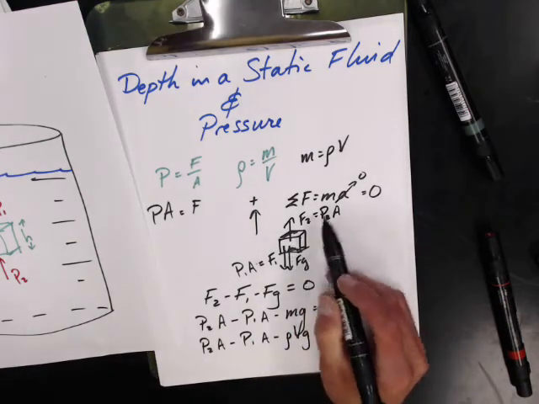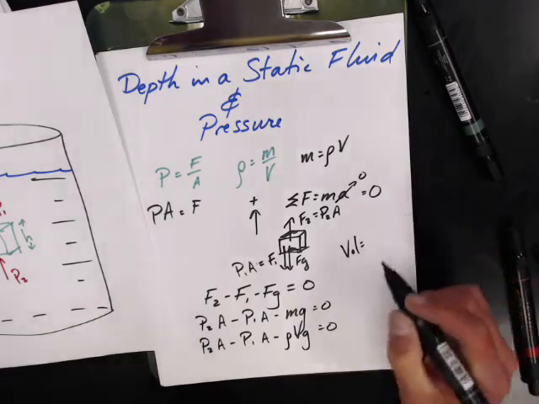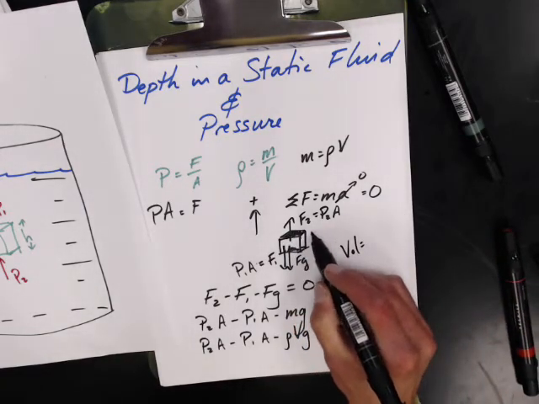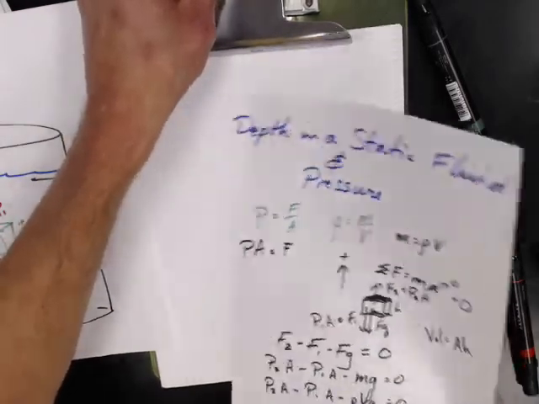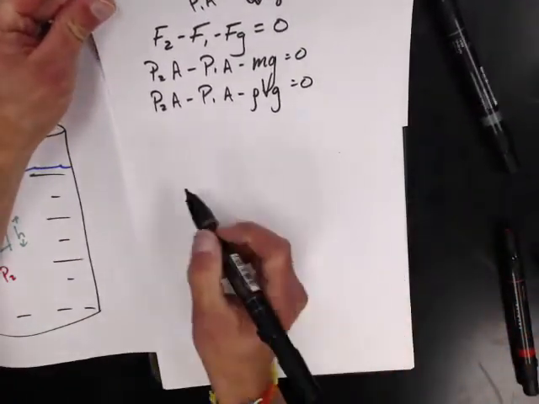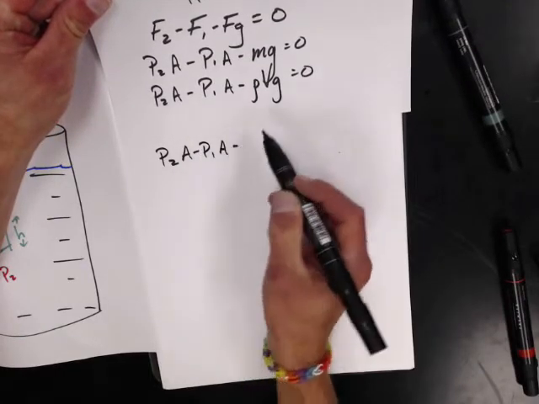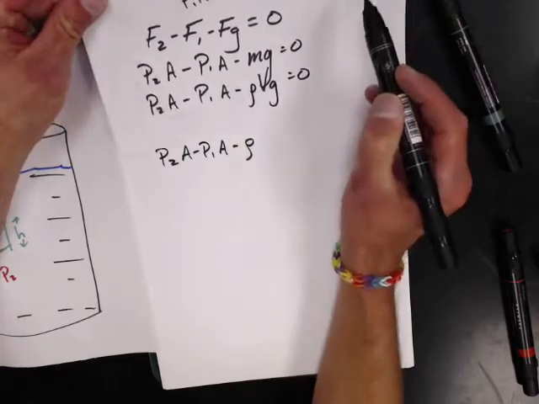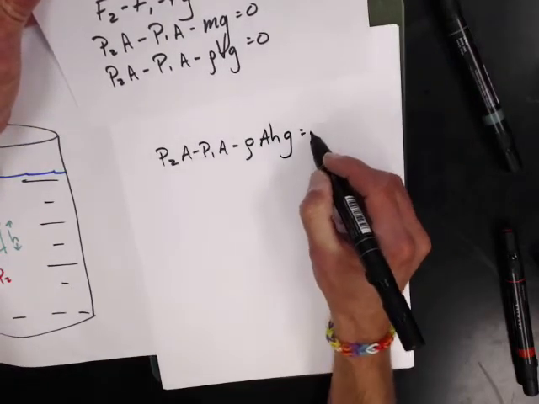But what's the volume of this thing? The volume is the area on top times the height, so the area times the height. So let's keep going. I've got P2A minus P1A minus rho V, which is AH, so rho AHg equals 0.